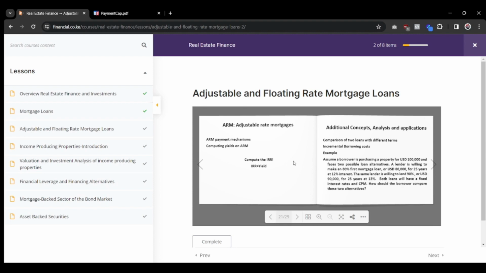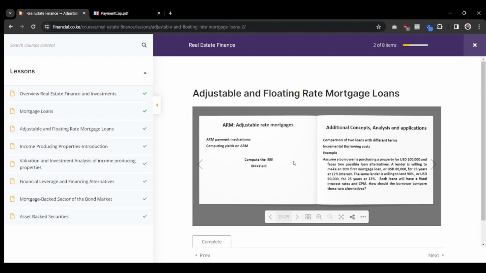A lender is willing to make an 80% first mortgage loan of $80,000 for 25 years at 12% interest. The same lender is willing to lend 90%, or $90,000, for 25 years at 13%.